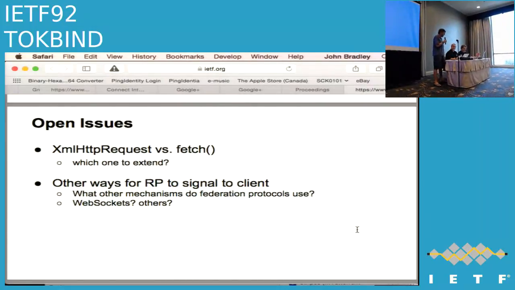What can you tell us about how token binding impacts FIDO? I will point out that Dirk has some stuff on this too. That's one of the presentations.